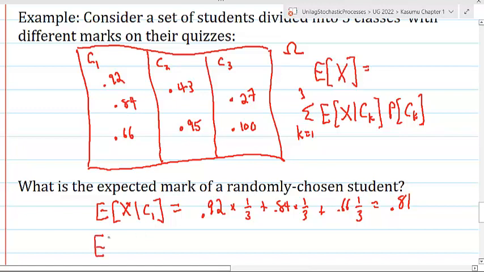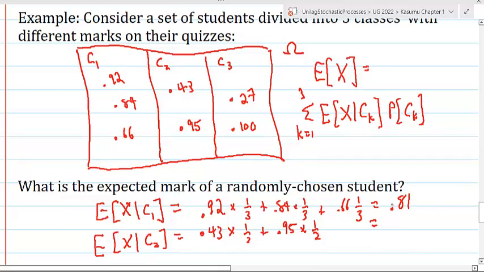Similarly, I can compute the expectation of x given c2. That's equal to 0.43. Now in c2, there's only 2 students. So if I restrict my sample space to c2, the probability of 0.43 is 1/2. The second mark is 0.95. And here I have times 1/2. So if I take the average of these two, I get 0.69.